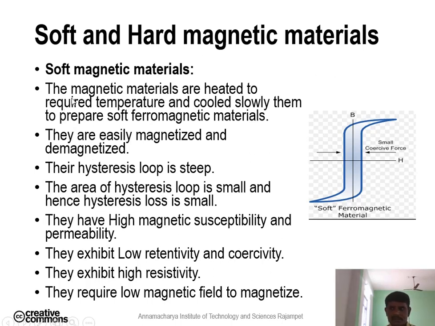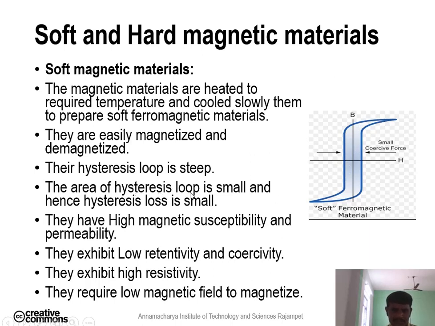To prepare soft magnetic materials, the materials are heated to the required temperature and cooled slowly. So they are easily magnetized and demagnetized. Their hysteresis loop is narrow, like a small occupied curve.